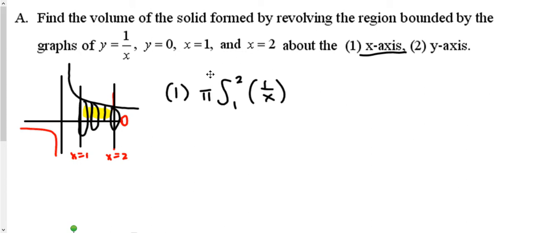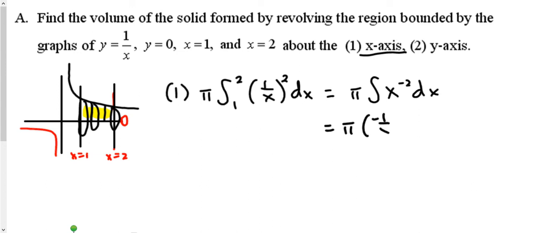The area of a circle is pi times the radius squared. So I do that with respect to x. So I integrate this. Well, let's square it first. I get 1 over x squared, which would be x to the negative 2. Okay, so integrate that, and I get x to the negative 1 over negative 1, or negative 1 over x.